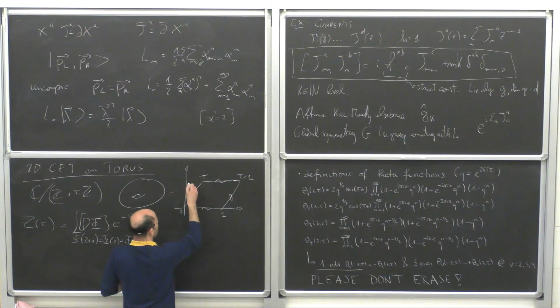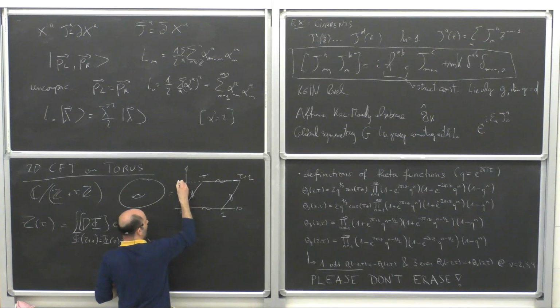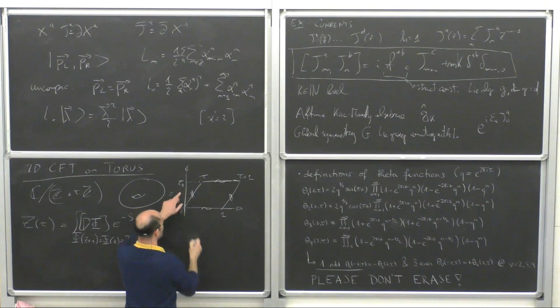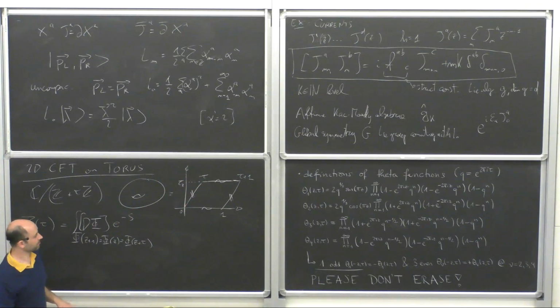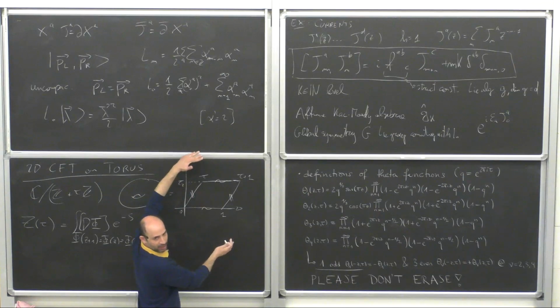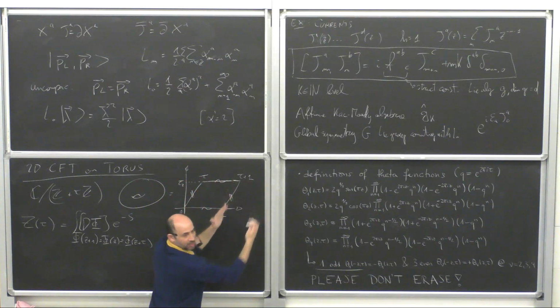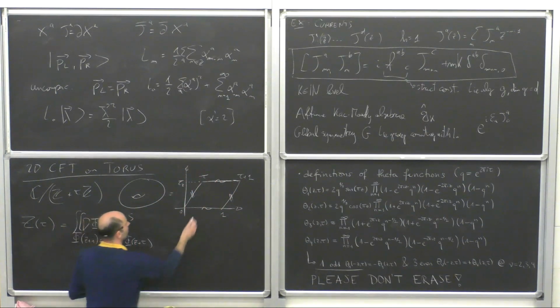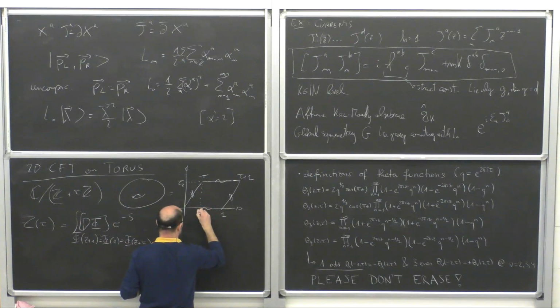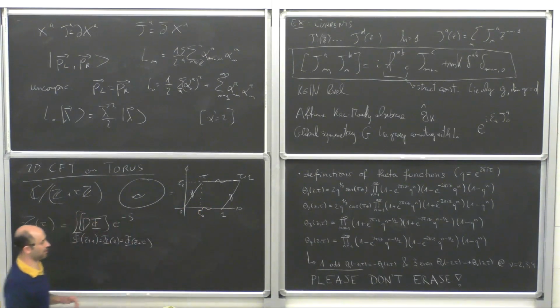How much do you evolve? Up to time tau_2, which is the imaginary part of tau. And you don't only evolve in time, you also translate your state a little bit by an amount tau_1, which is the real part of tau.